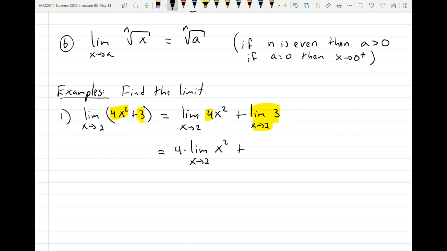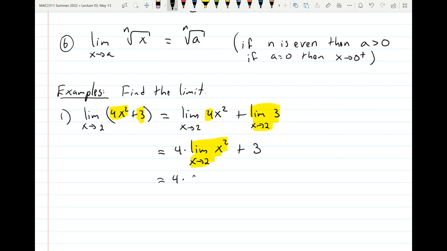And I'm going to evaluate the second limit. Because 3 is a constant, this limit is just 3, right? Be careful, don't get confused, and don't write that the limit is 2. The limit is 3 because we have the constant function 3. And now we can evaluate this other limit over here because this is the x squared function, and as you know, we just evaluate, so that's 2 squared.